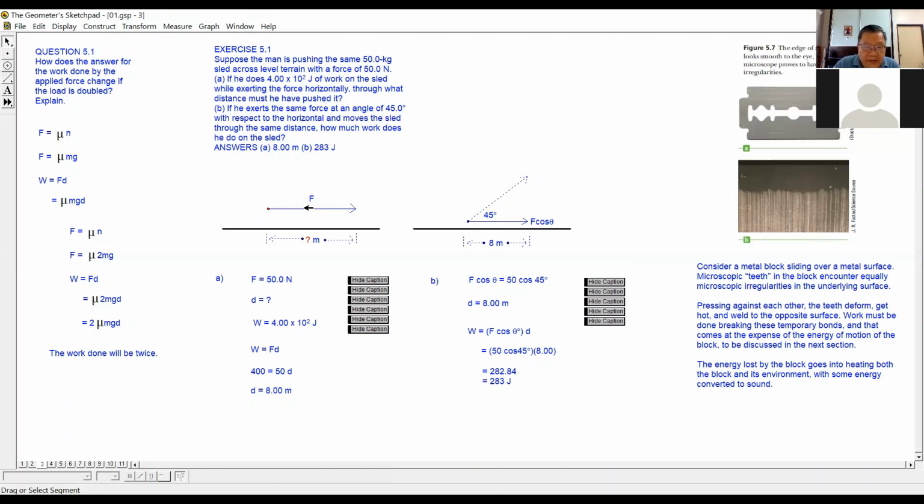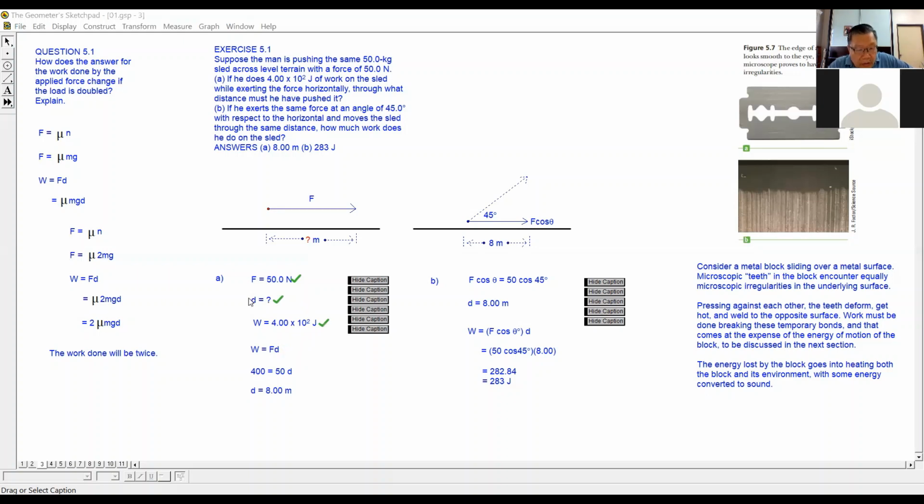But because the force and the direction of displacement are the same, we can multiply them together to find the work done. So whatever is known: the force 50 newtons, distance don't know, work done 400 joule.